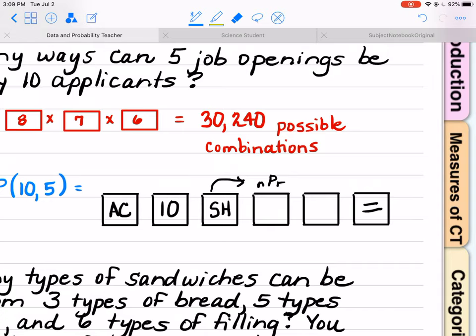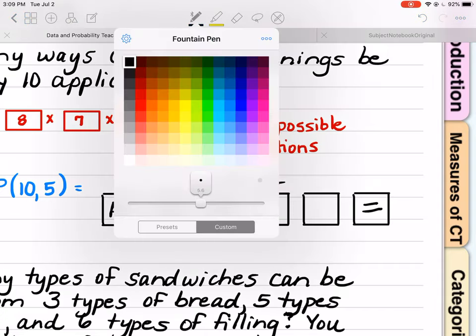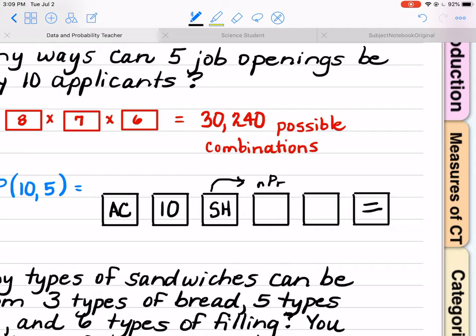Okay, so on the calculator, all clear, 10, this is your total applicants, and this is the number of job openings that you have, and in this case it's 5.